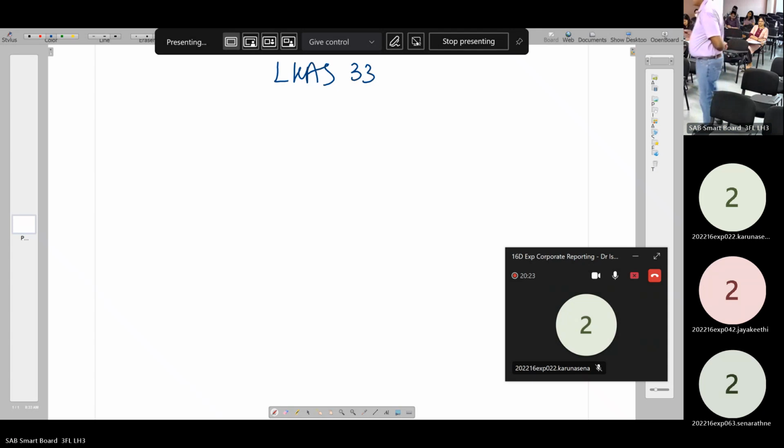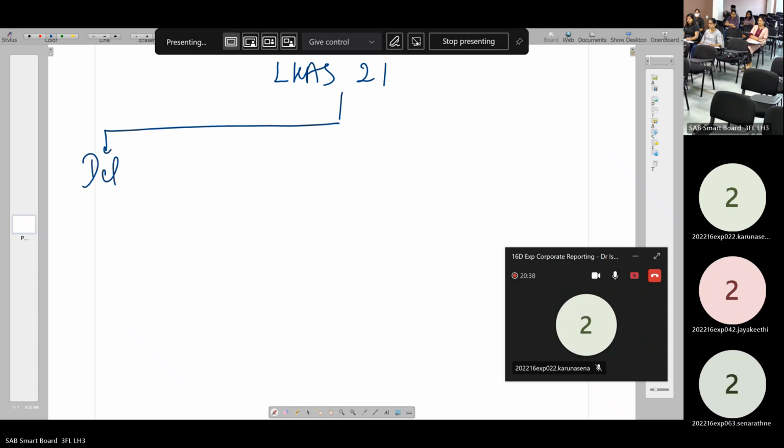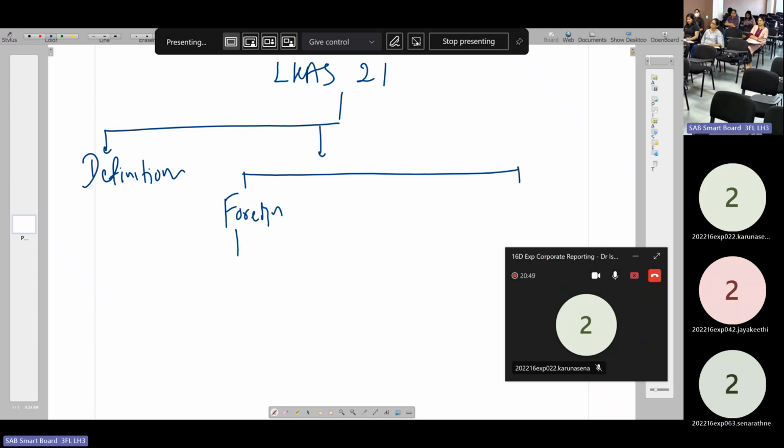Definitions. Then we divided this one into two: foreign transaction, foreign operation.